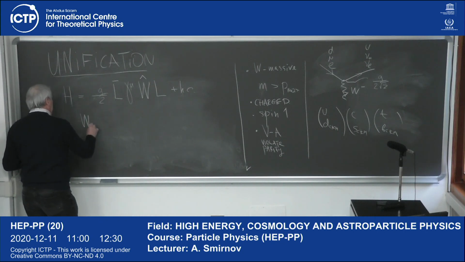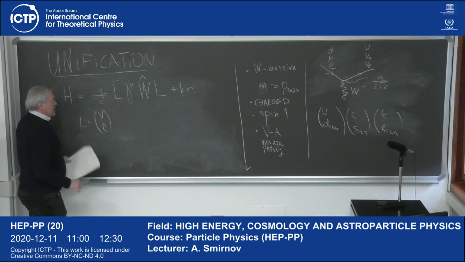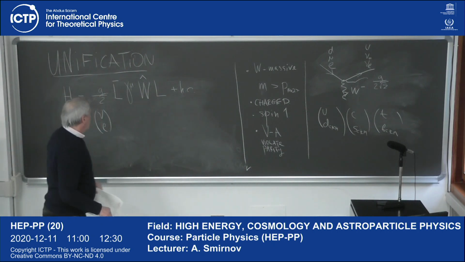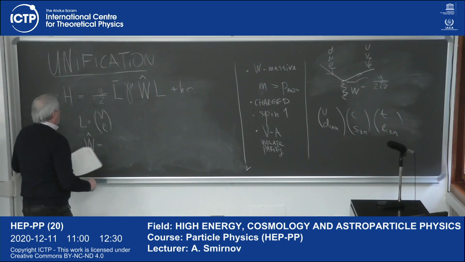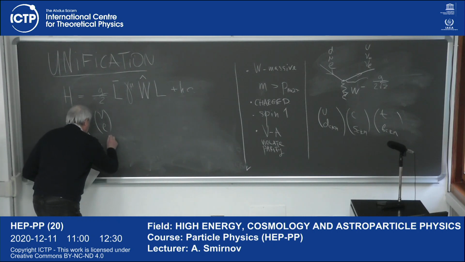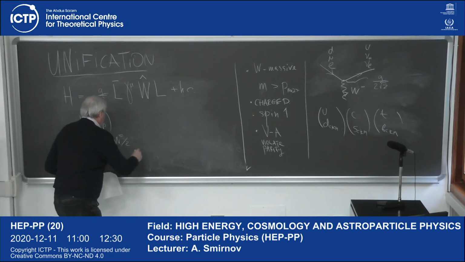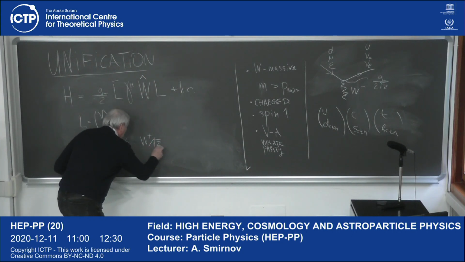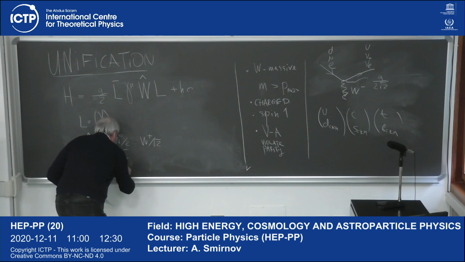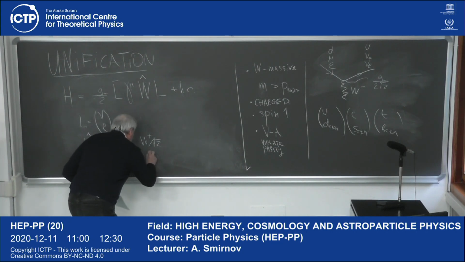Now, L is the doublet. Let me just take the electron doublet, electron and neutrino, and the same should be done for all other doublets in the theory. And then the W matrix is the following: W0 over 2, W plus square root of 2, W minus square root of 2, minus W0 over 2.